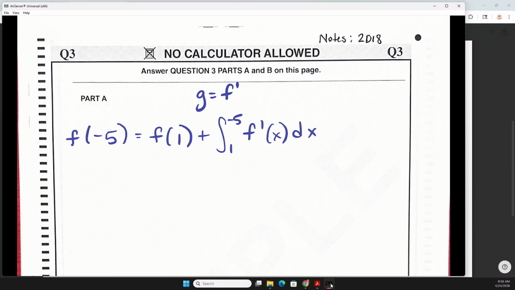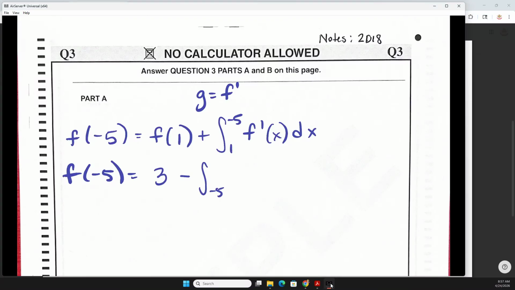Now, I personally don't really like the way that looks, and Skylar was kind of talking about this yesterday. Let's go ahead and write what f of 1 is. f of 1 is 3. And then because the lower limit is bigger than the upper, we can change it to subtraction and then switch those.